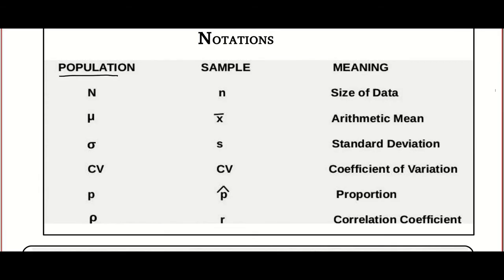In population, arithmetic mean is denoted by mu, standard deviation by sigma, and in sample x bar, s, etc. You have to strictly follow this notation, because in any standard statistics book these notations will be used. And just by looking at that notation, we will be able to understand what sort of data they used to interpret the result.